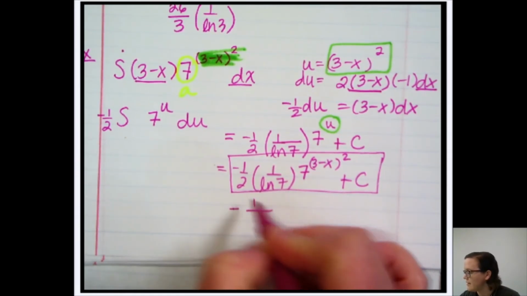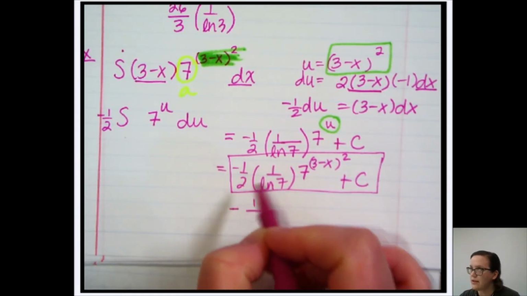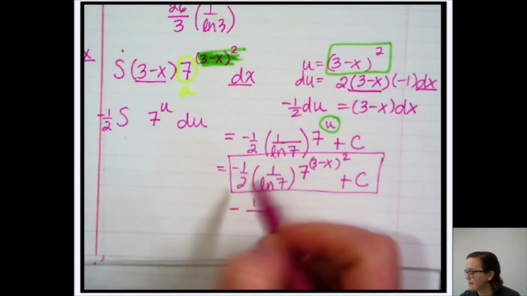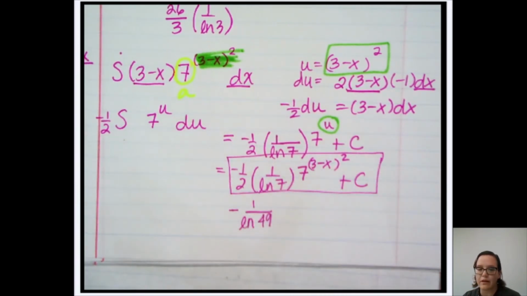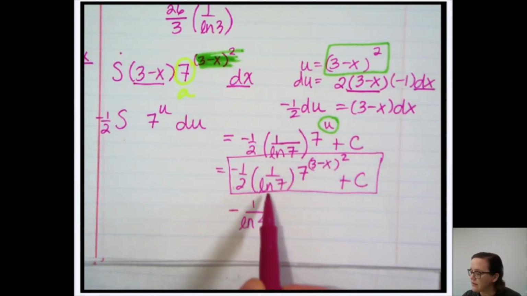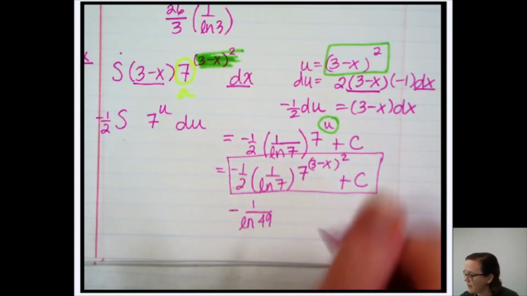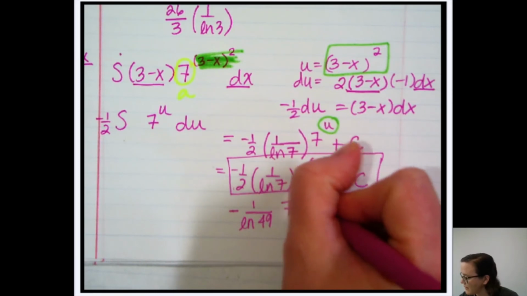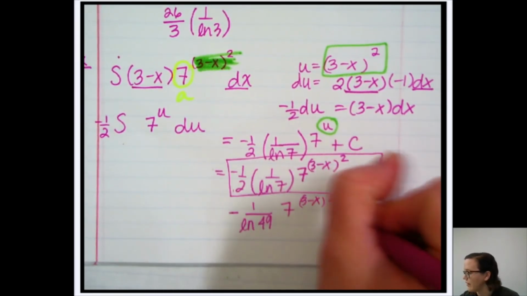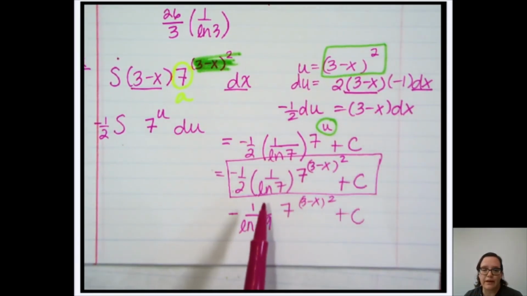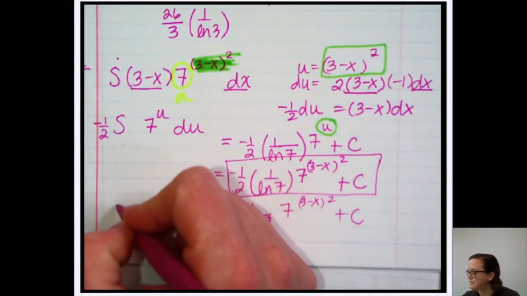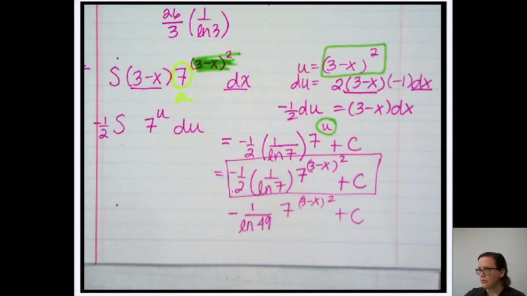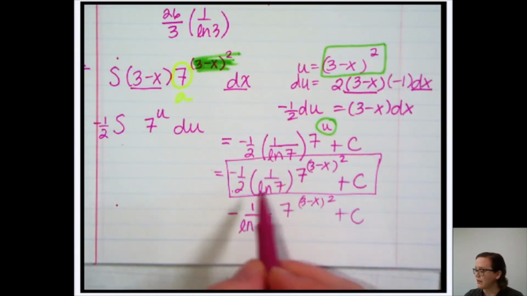And this 2, you can leave the 1 on top, but it's a second power, so this could also be written as 7 squared. So this is the same thing as natural log of 49 times 7 to the (3 minus x) quantity squared. That'd be an alternate way someone might write it, because with logarithmic properties, a number in front is a power, and so you could bring that up.